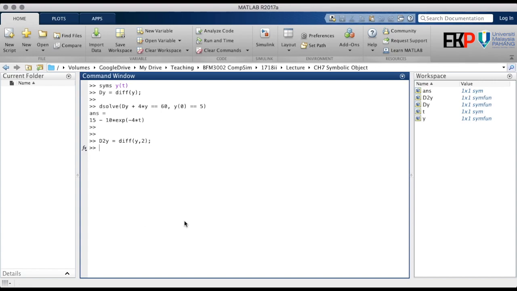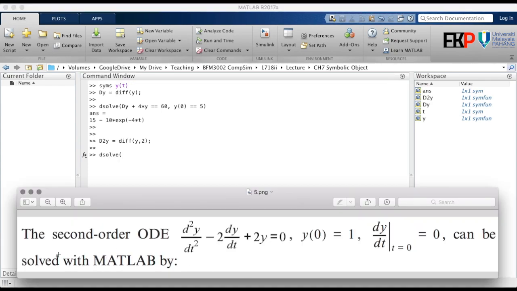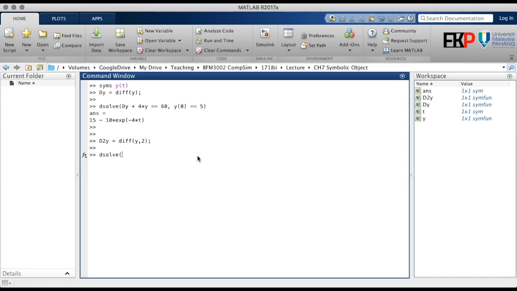Then we can enter the equation within the dsolve command. We have here d2y dt square minus 2 dy dt plus 2y. So basically we have d2y minus 2 times dy plus 2 times y is equal to 0.